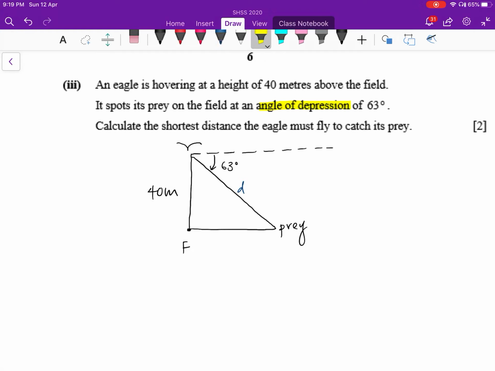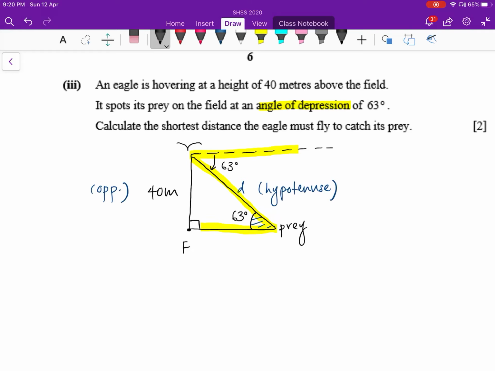If you take a look, these are alternate angles, the Z shape. If there is 63, this is 63 degrees. So this is a right angle triangle. We can use SOH CAH TOA. To use it, we need to ask ourselves, is it SOH, CAH, or TOA? For this angle, the 40 meters becomes the opposite, and the D becomes the hypotenuse.